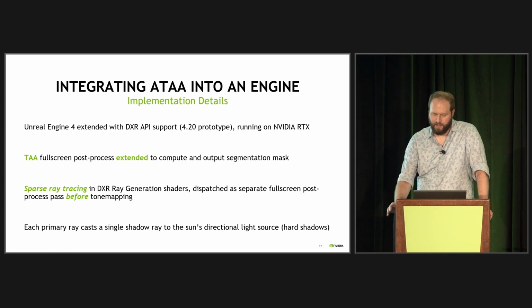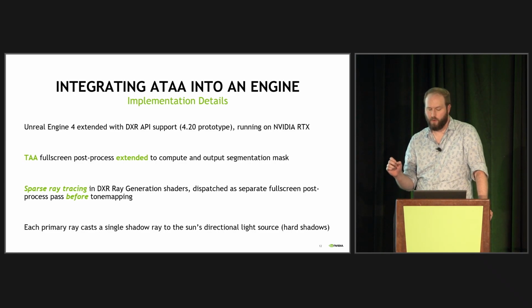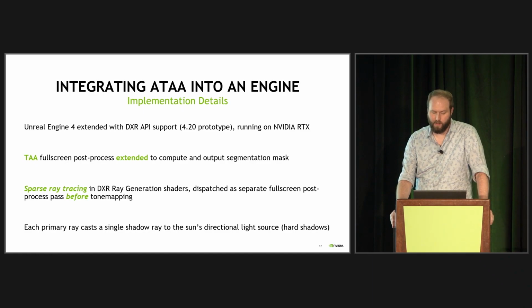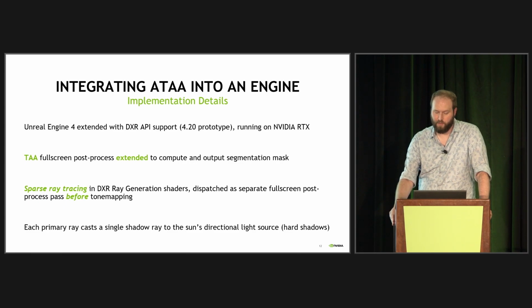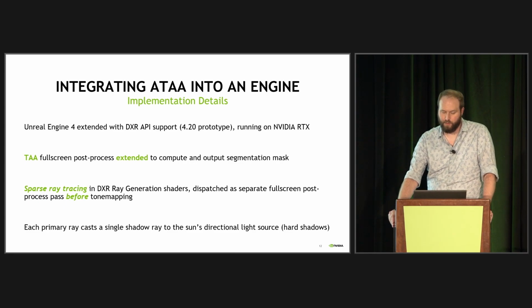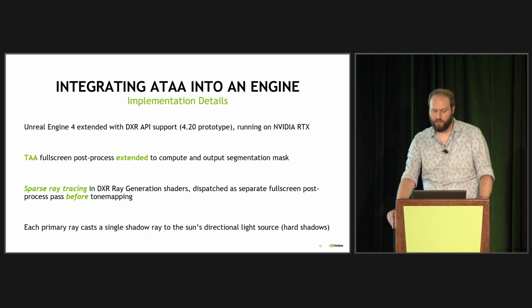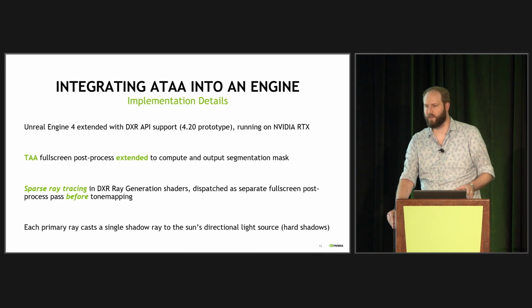In the ray tracing pass, we did that before doing post-processing and things like SSAO, lens flare, and tone mapping. And then for each super sampling primary ray, we also cast a single shadow ray to the sun's directional light source to create hard shadows that match the ray tracing hard shadows we were generating in earlier render passes. So we did do ray trace shadows as well.